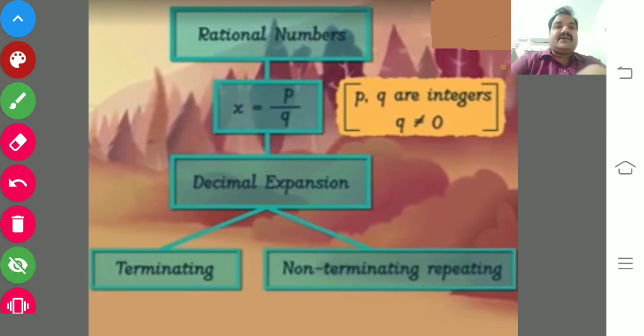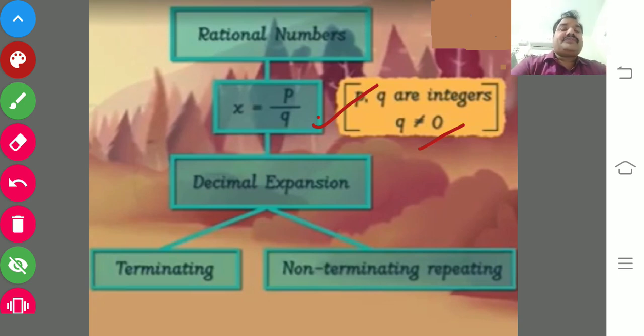As per the flowchart, first of all, you have to know the definition of a rational number. The number which can be written in the form of p by q, where q, the denominator, is not equal to 0, and the numerator and denominator are integers, is called a rational number. In primary classes we learned the conversion of fractions into decimals.